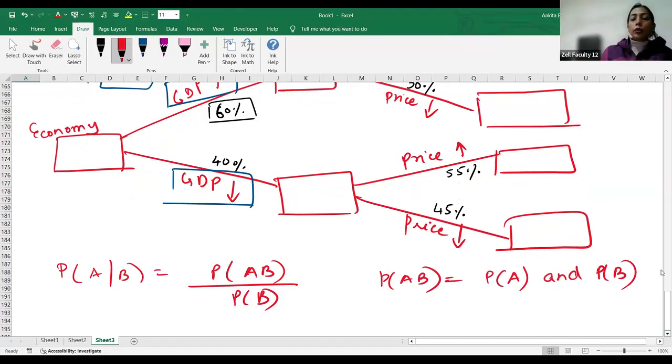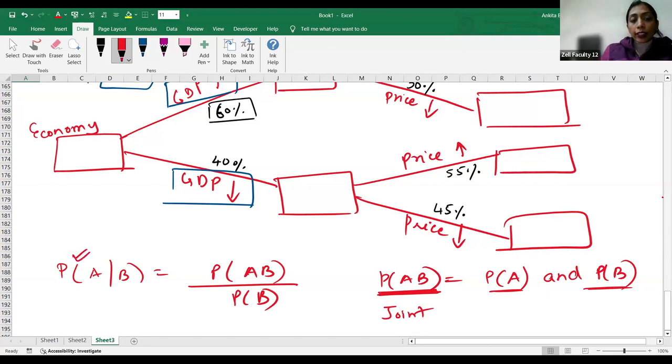Okay. Now look closely at both of these formulas. Probability of A and B is joint probability, and A and B are independent events. But it is not necessary that A and B would always be independent events. They could be a conditional event also.